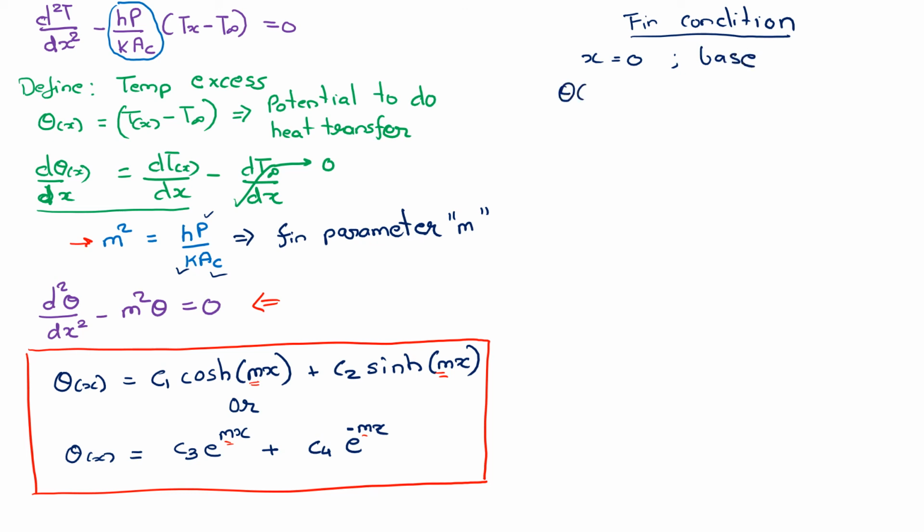Your theta at x is equal to 0 will be the temperature at the base minus T infinity, which can be written as theta at base. And let's say x is equal to L is the tip.